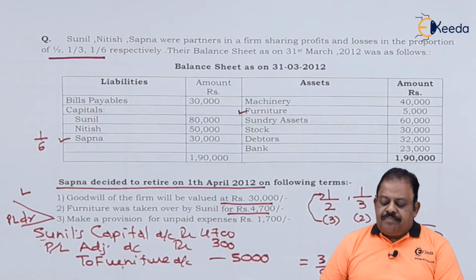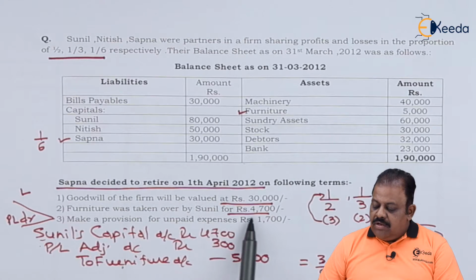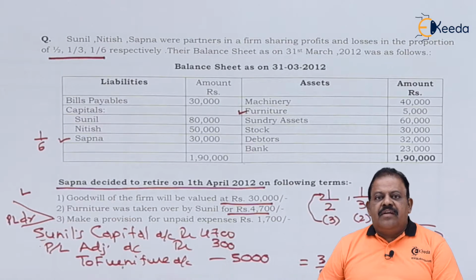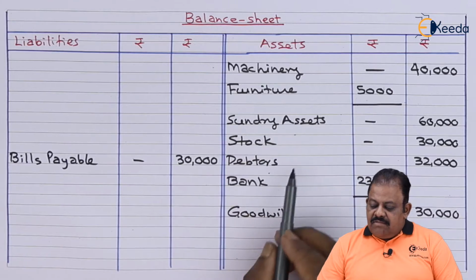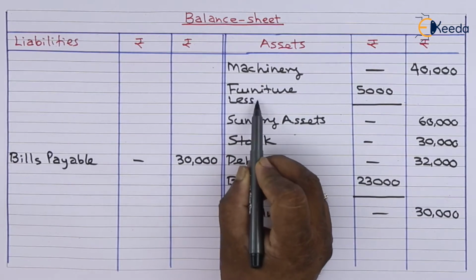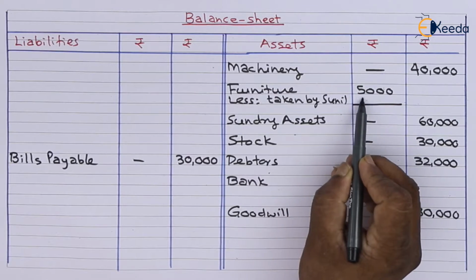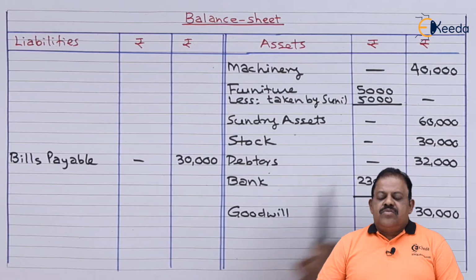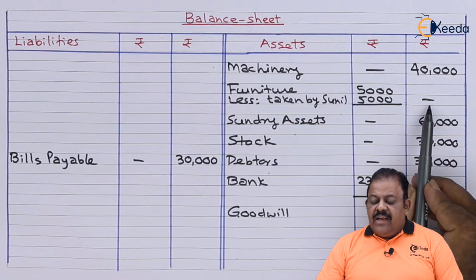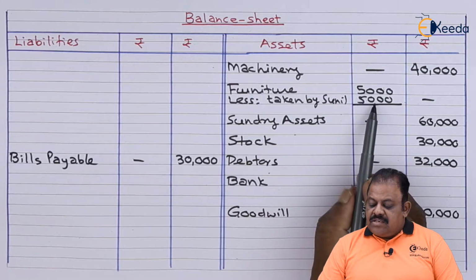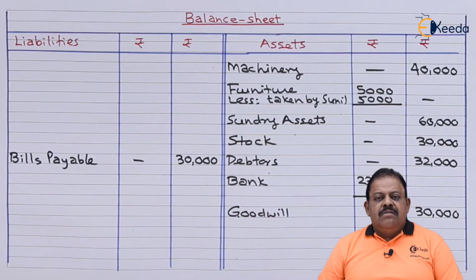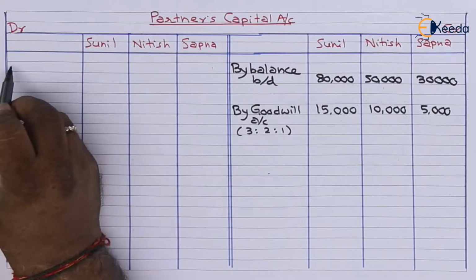Next adjustment now, furniture taken over by Sunil for 4,700. Here on asset side, furniture taken by Sunil will be nil now as it is withdrawn by the partner Sunil.